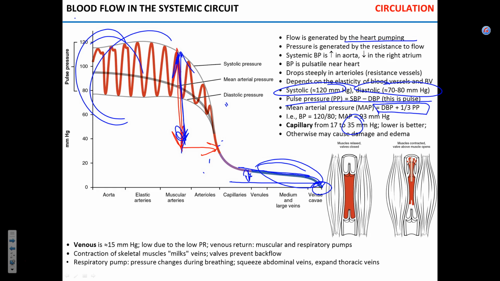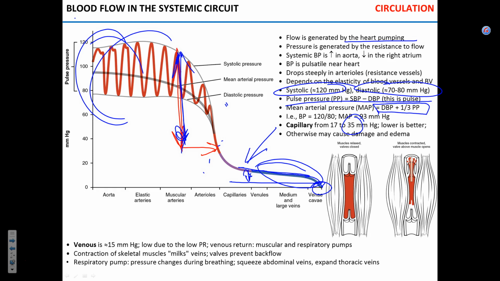It's going to just follow gravity. Not a biggie. But what about blood from the legs? Think about this. Blood has to go against gravity. And it has to rely on that residual pressure generated by the heart. So are there any other mechanisms that would ensure the return of blood through the veins to the heart?